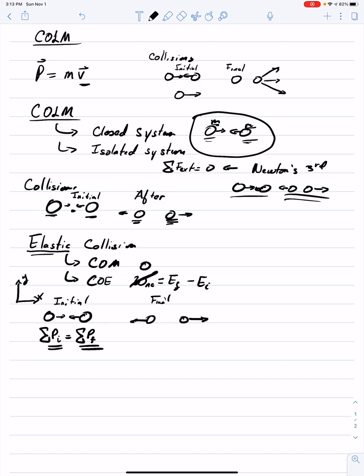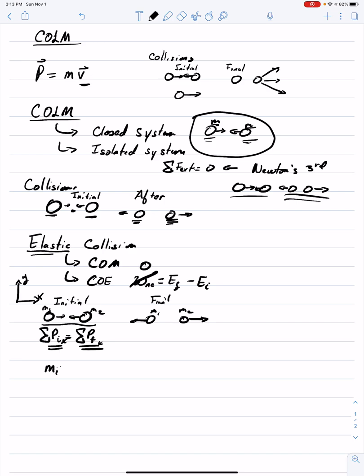So initially, looking at our graphs and looking at the x direction, because that is the only direction that is happening, let me write down here x and x. Initially we have mass times velocity, and I'm going to identify these as mass 1 and mass 2.